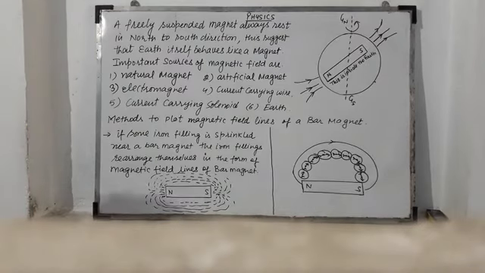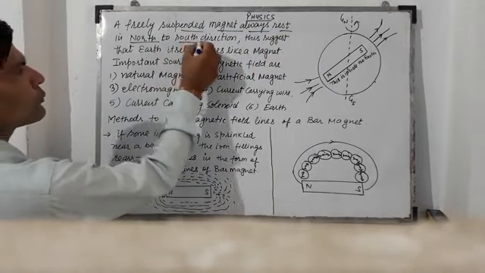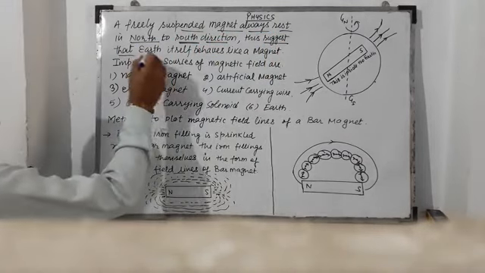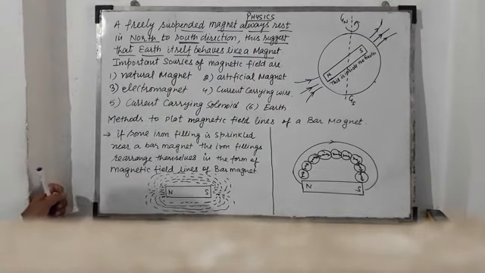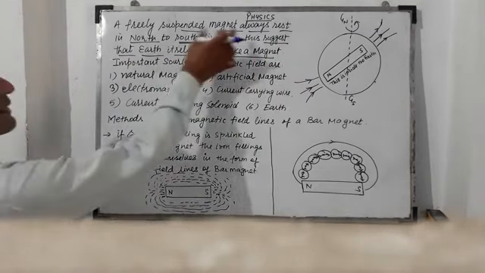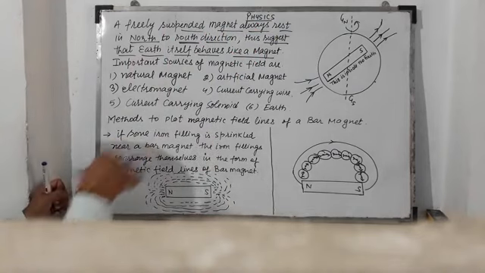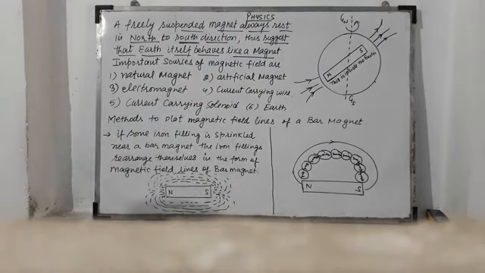A freely suspended magnet always rests in the north to south direction. So this suggests that Earth itself behaves like a magnet. When a suspended magnet always rests in the north to south direction, then the idea arises that Earth itself behaves like a magnet.